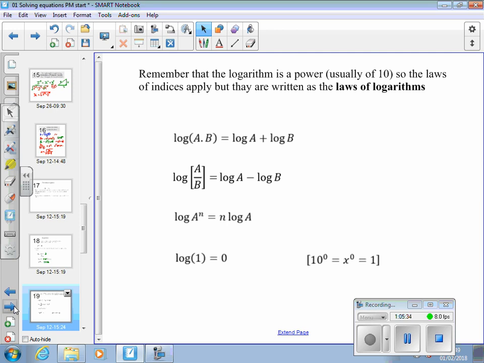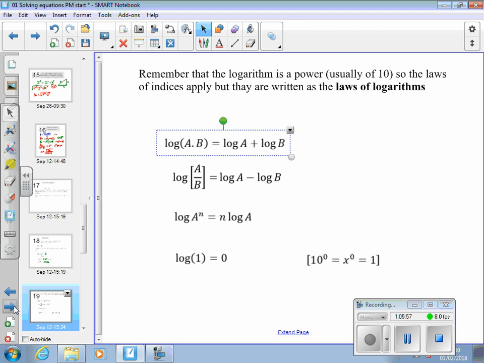So if we ended up with an equation where we got two logs added together, we could write log A plus log B as log A times B. Or if we end up with something that looks like this one, we can write it as log A plus log B if that's what we need.